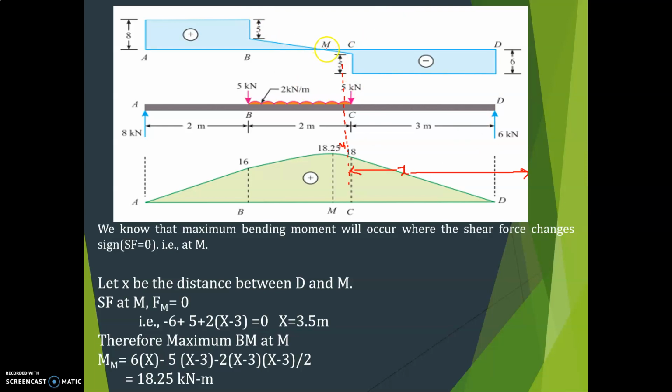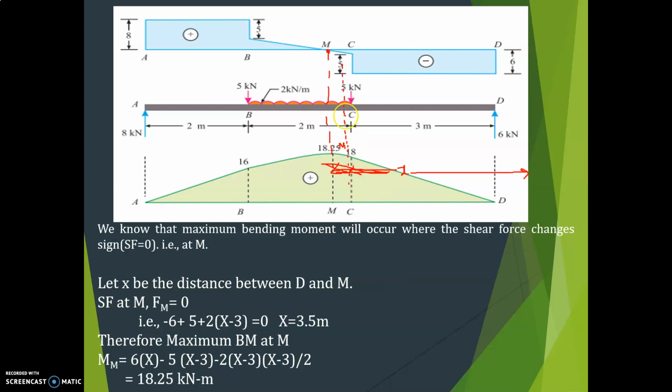So at this point there will be a change in the sign, so the maximum bending moment will be here, at M. So that you have to calculate. What you have to do, first you calculate this distance. Okay, this is M. Let us consider this full distance equal to x from this D.